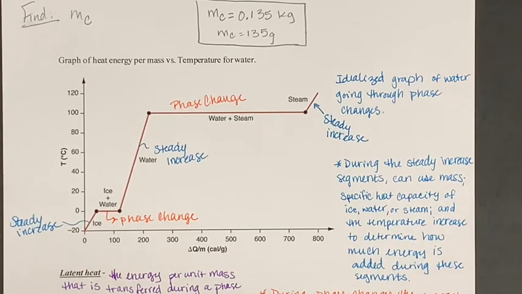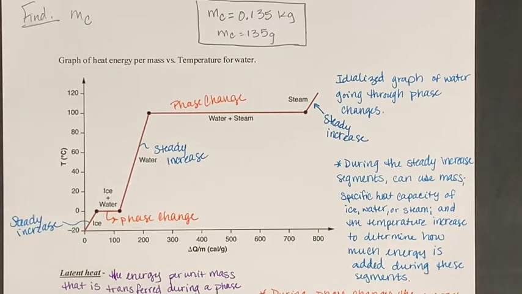Potential energy is present among a collection of particles in a solid or liquid in the form of attractive bonds between particles. So if you're going from a solid to a liquid, some of that energy is going into breaking those attractive bonds. And if you're going from a liquid to a gas, same thing. That energy is going into breaking those attractive bonds. The bonds result from the charges within the atoms and molecules.